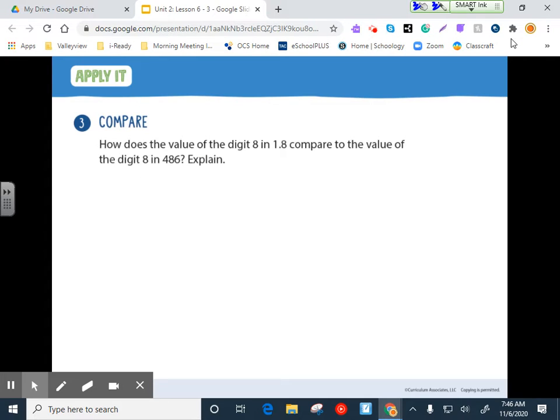Next up. All right, number 3. How's the value of the digit 8 in 1.8 compared to the value of 8 in 486? Well, let's write 486 on one side and 1.8 over here. So let's recognize this. We know this 8 is in the tenths place. We know this one is in the tens.